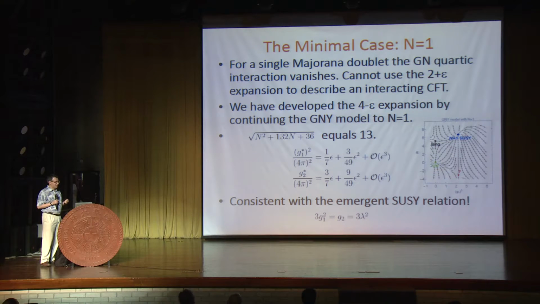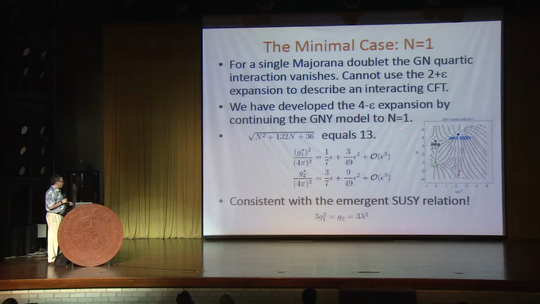Psi bar psi squared simply vanishes for a single Majorana fermion, and that means that there is no meaningful 2 plus epsilon definition of the theory. However, the 4 minus epsilon definition still works, and that's sort of the main point of our recent paper.